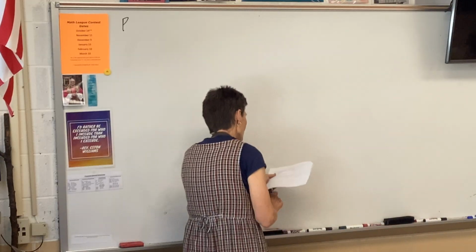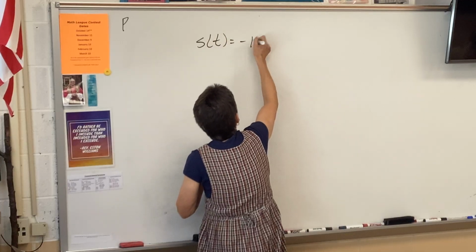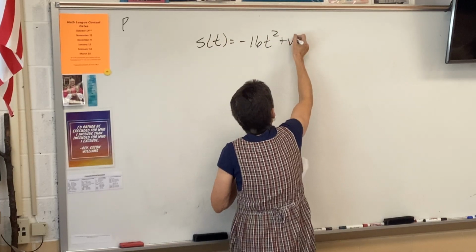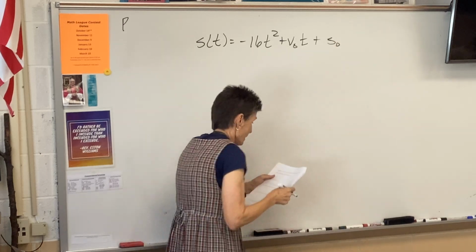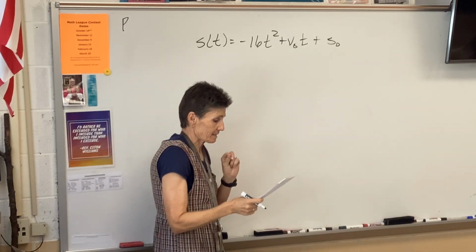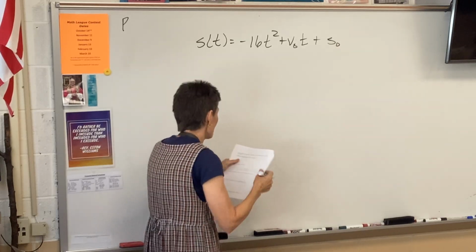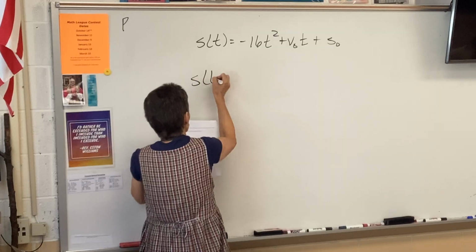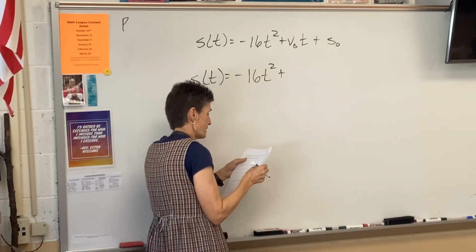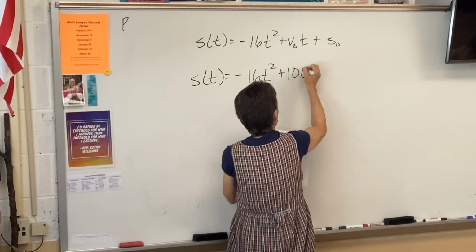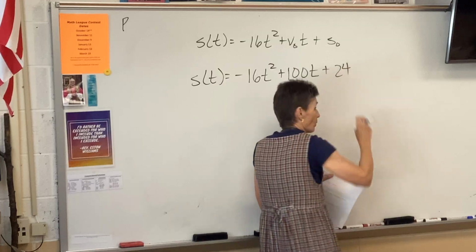Your projectile motion formula is this. As a general formula, we can then write a specific equation for this situation. Our initial velocity is 100, and our initial height is 24.